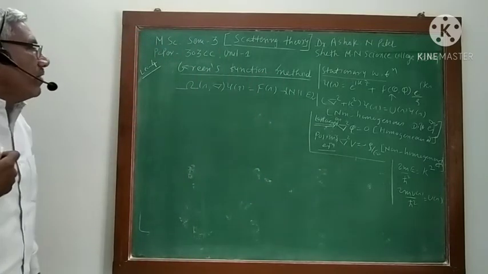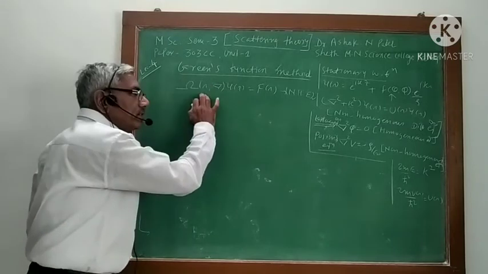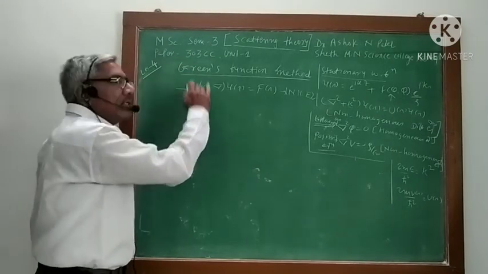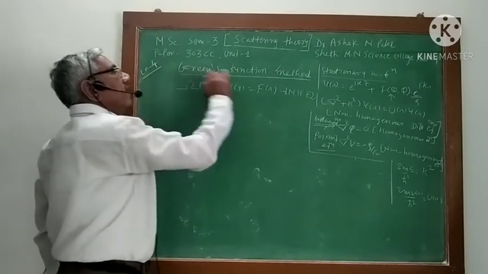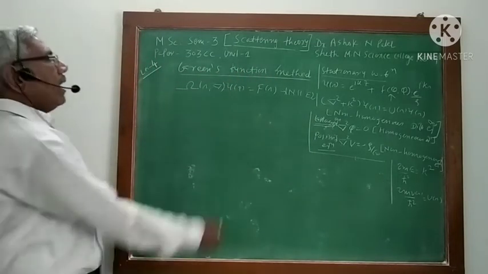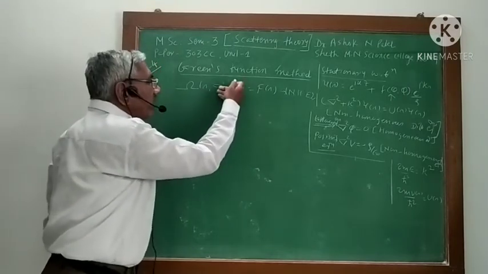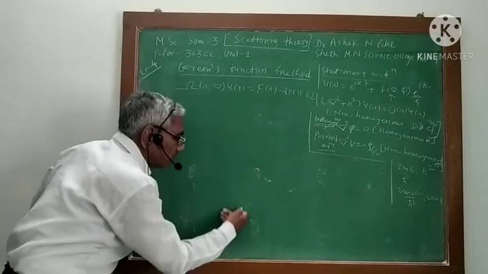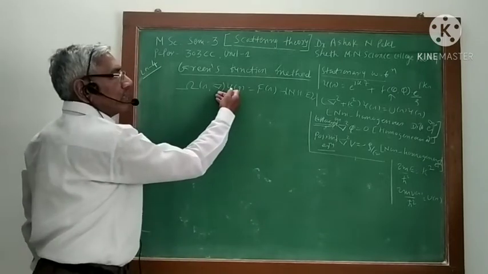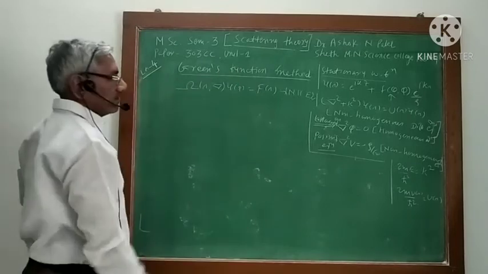So now what I am saying is that a non-homogeneous differential equation can be solved by the Green function method. Now how? This is the general non-homogeneous equation. I will try to find the solution of this non-homogeneous equation with the Green function method.